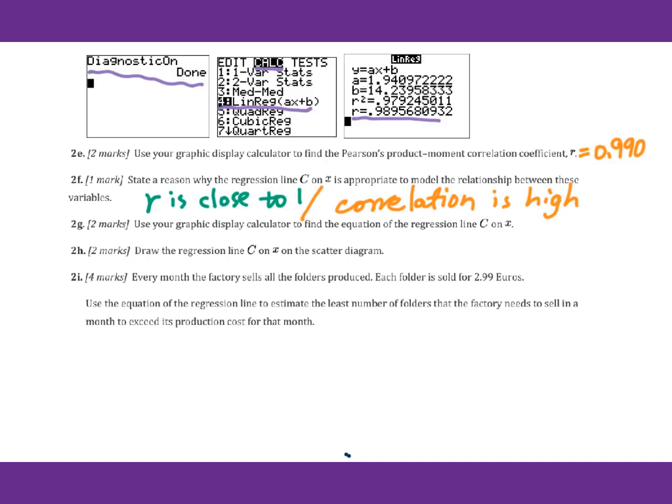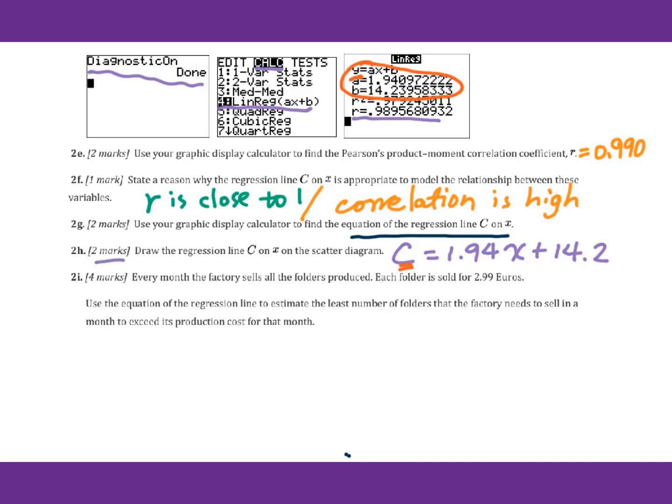Use the graphing calculator to find the equation of a regression line C on X. We can write C equals 1.94x plus 14.2. Remember, don't use this Y, use this C. And also the 3 significant figures.